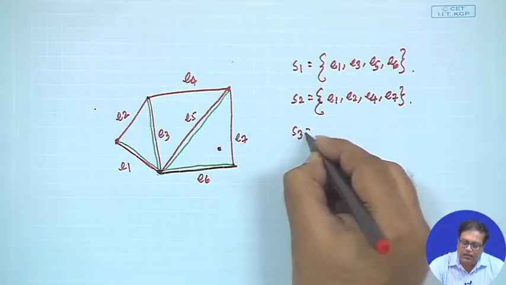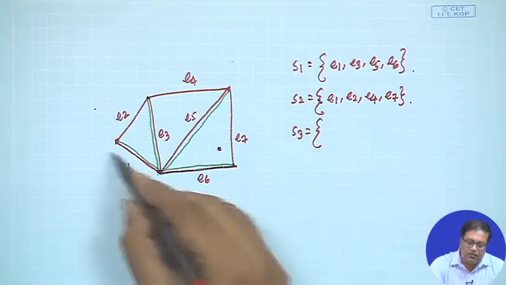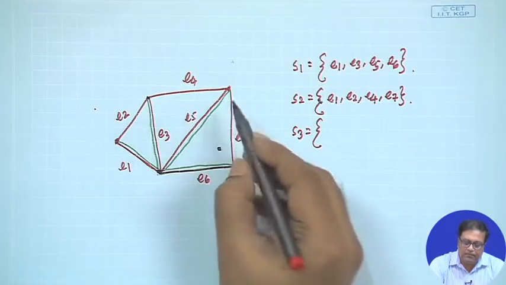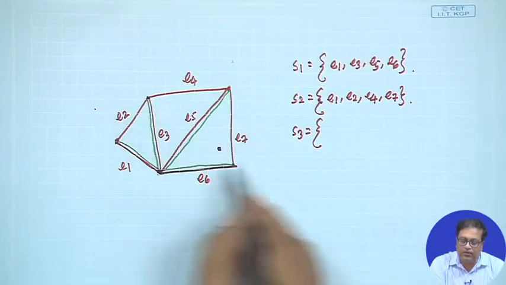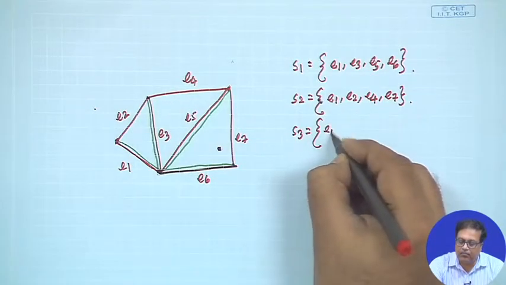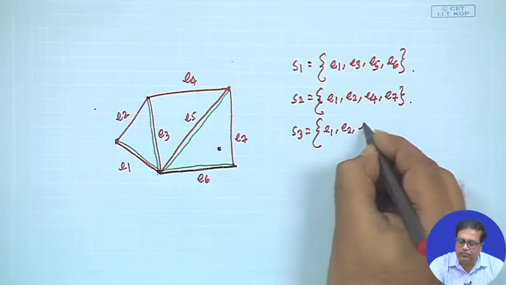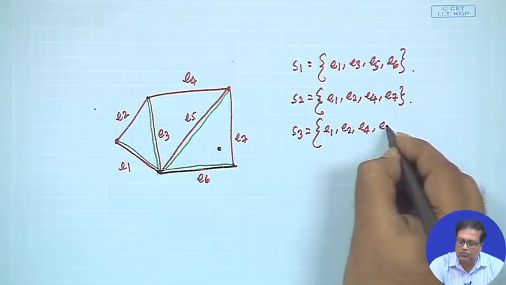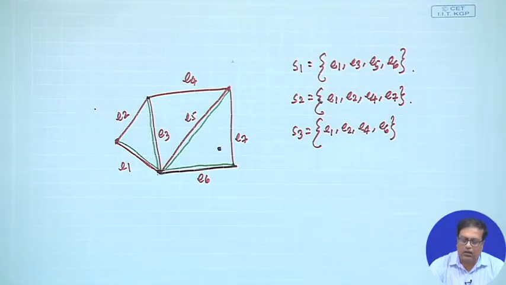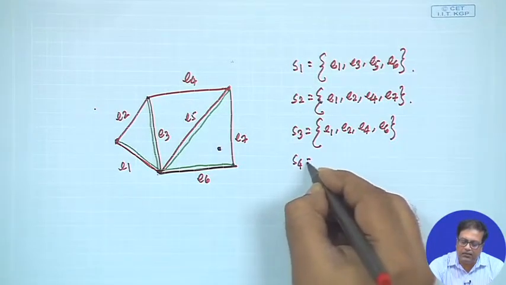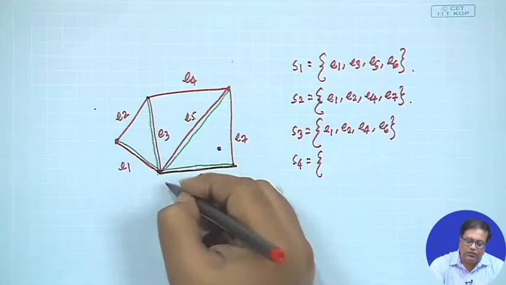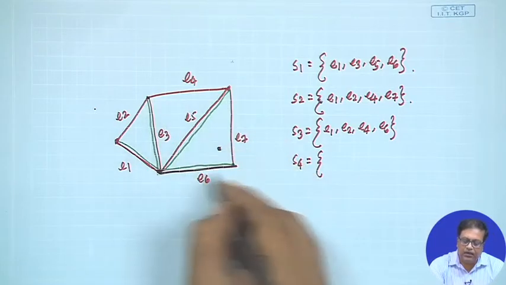Can you take another spanning tree as E1, E2, E4 and E6? So you can think of so many of them. Why not E2, E3, E4 and E6?